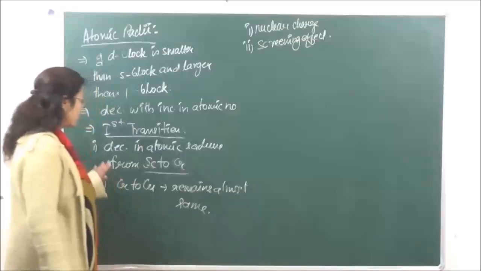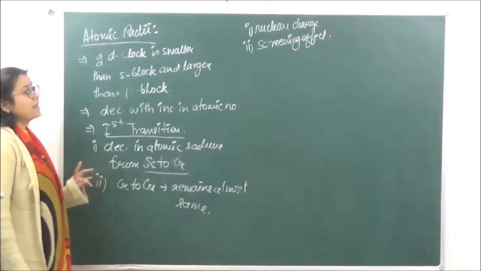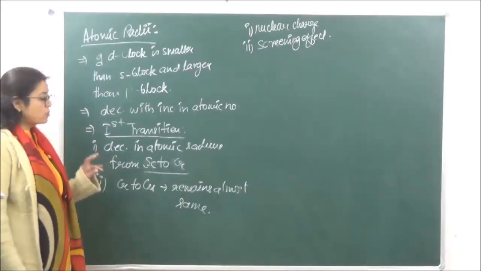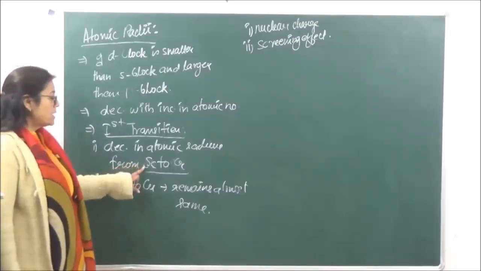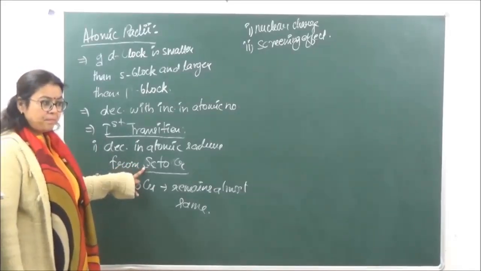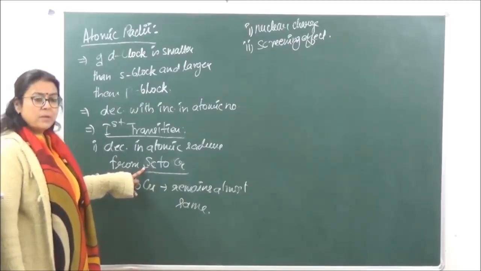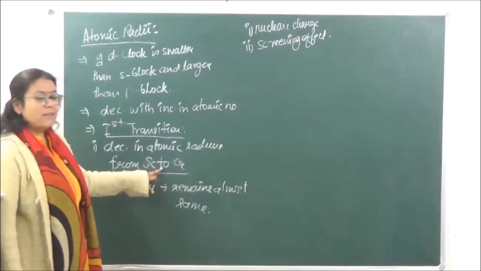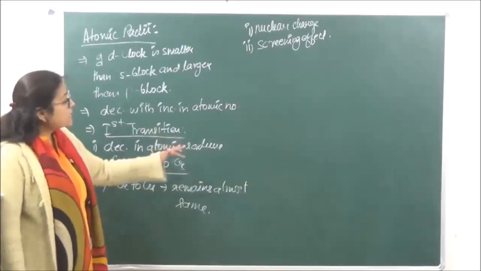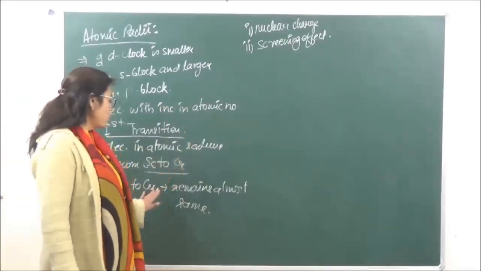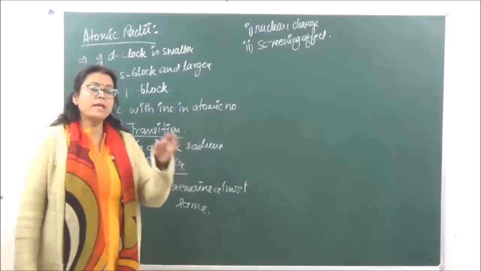Right? So जब हम लोग scandium से chromium जाते हैं तो only nuclear charge is there, because if you're looking at the electronic configuration, scandium has 3d1, ठीक है, टाइटेनियम will have 3d2, फिर उसके बाद वेनेडियम will have 3d3, chromium will have 3d5.